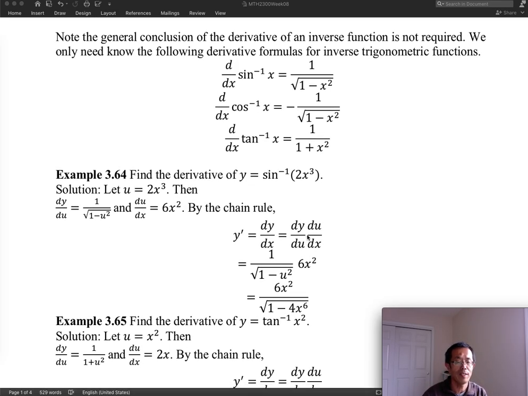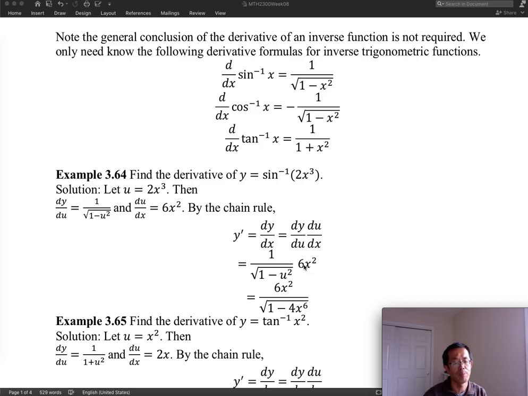When you write down the arrangement for the chain rule, it looks like du is cancelled. So that is the arrangement of the chain rule for dy/dx. And then I replace each notation with the formula we just calculated, dy/du, then du/dx, and I multiply them together.